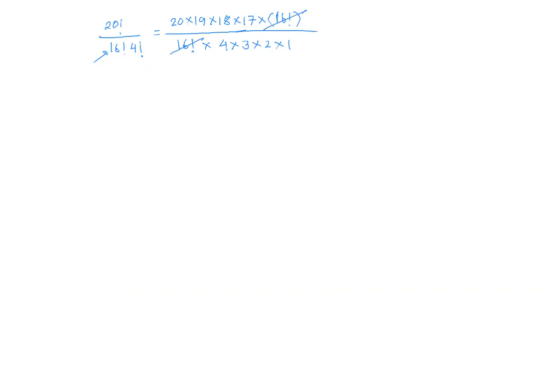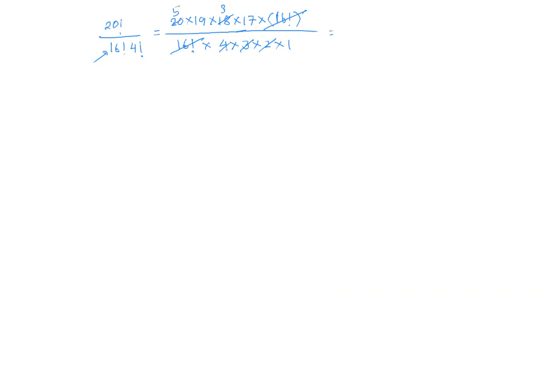And now let's see. 3 times 2 is 6, right? 6 goes into 18 3 times. 4 goes into 20 5 times.